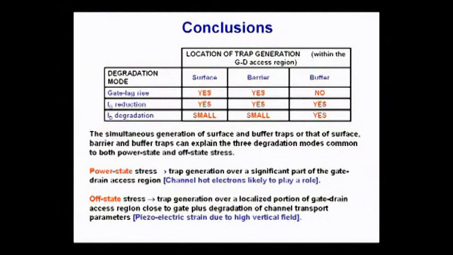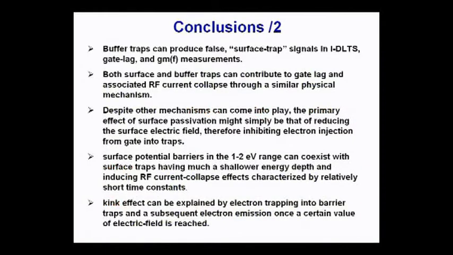Moreover, we have seen that both surface and buffer traps can contribute to the gate lag, and we found also that passivation could be simply explained by the reduction of the surface electric field, which reduces the injection of electrons from the gate to surface traps.